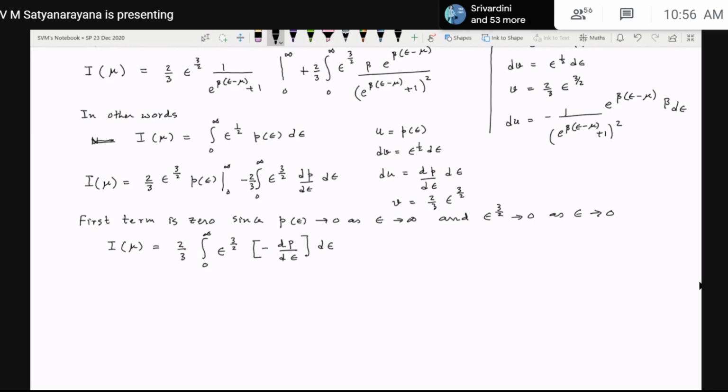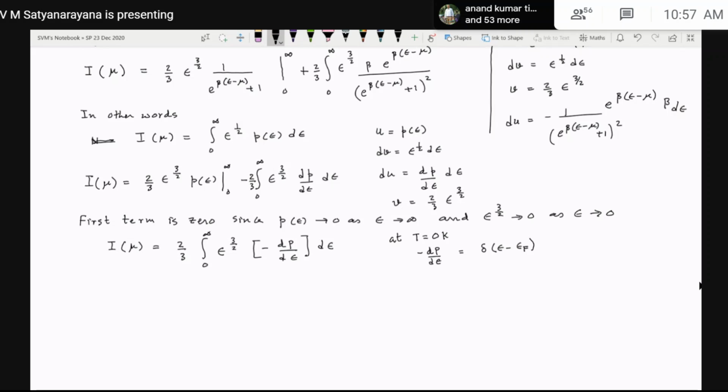At T equal to 0 Kelvin, because that is a step function and the derivative of a step function is a Dirac delta function, your minus dP over d epsilon can be written as delta of epsilon minus mu, but mu at T equal to 0 is what is called the EF.